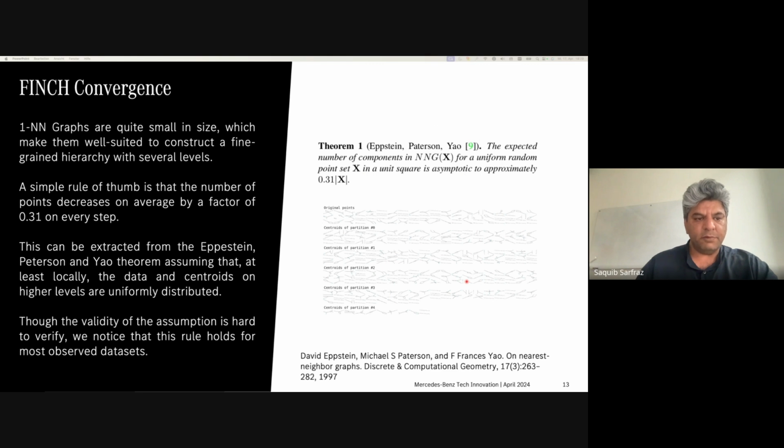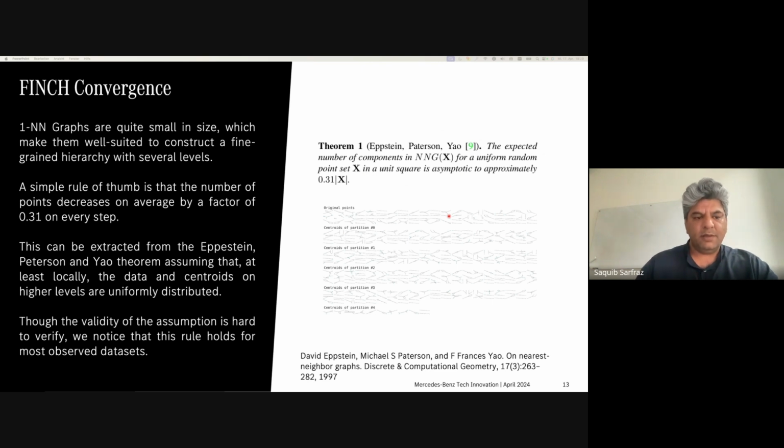And a simple rule of thumb here is that the number of points decreases on average by a factor of about 30% on every step, which can be extracted from this famous theorem from Epstein, Peterson, and Yao, which, assuming that at least locally, if the data and centroids on higher levels are uniformly distributed, then this holds true.